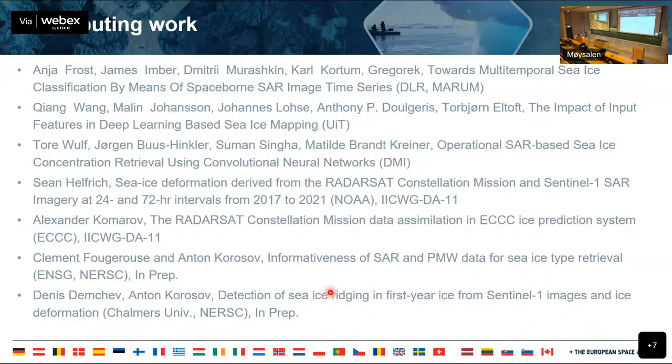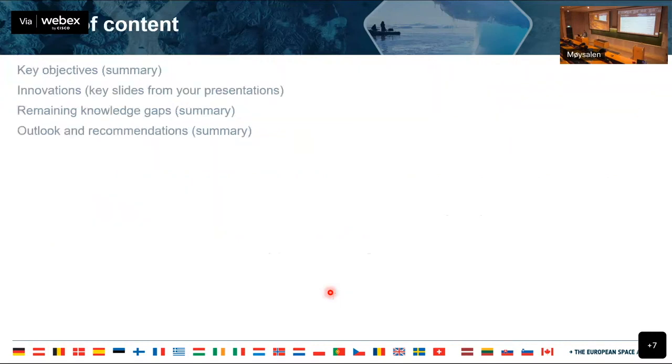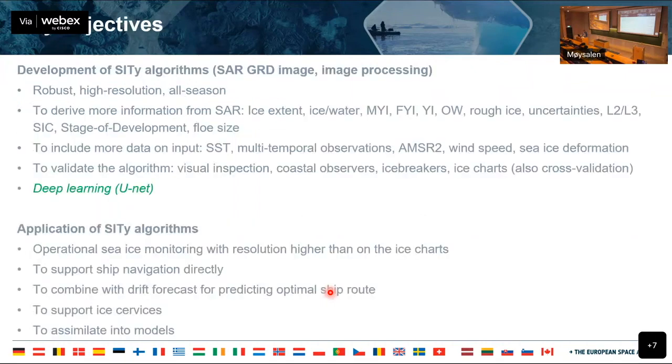And as you can see, there were also many contributions for this topic, also some from other conferences and other unpublished presentations. I will again have the same structure of the presentation. So the key objectives in the presentations I have received are the following. The algorithms for sea ice type shall be robust, shall be high resolution, and also operating in all seasons.